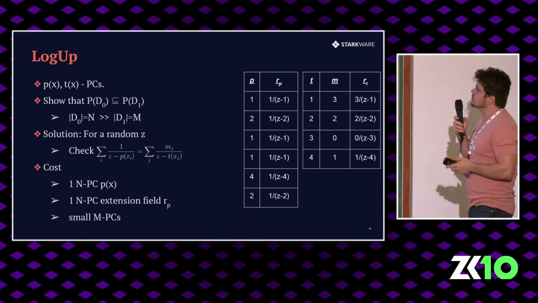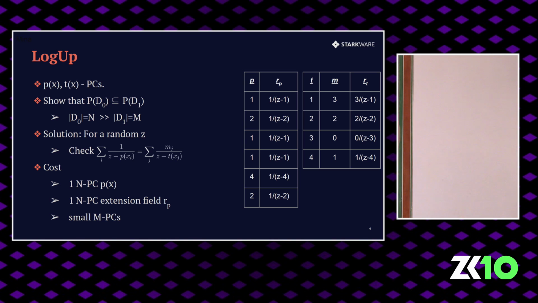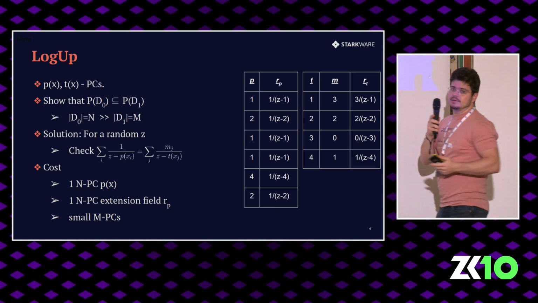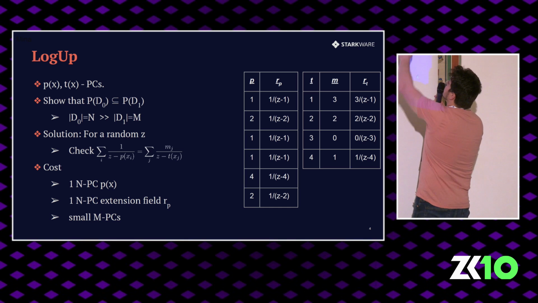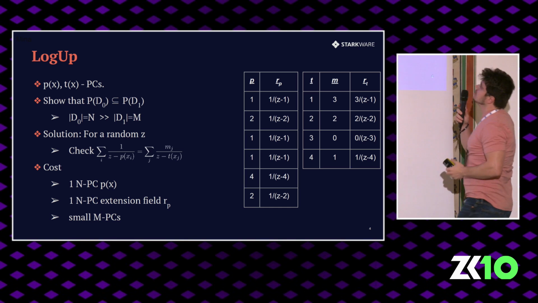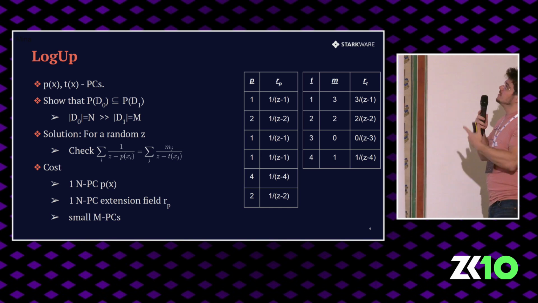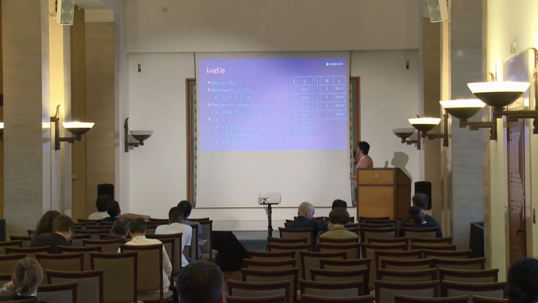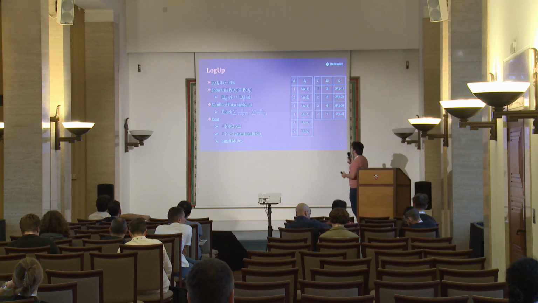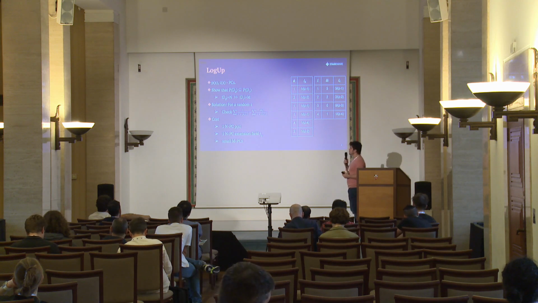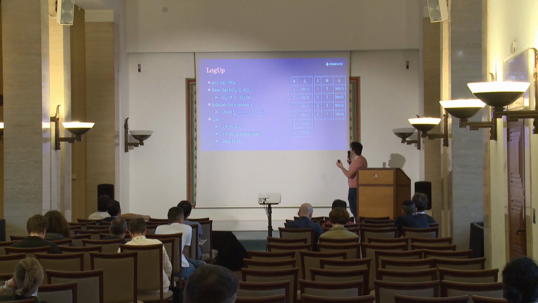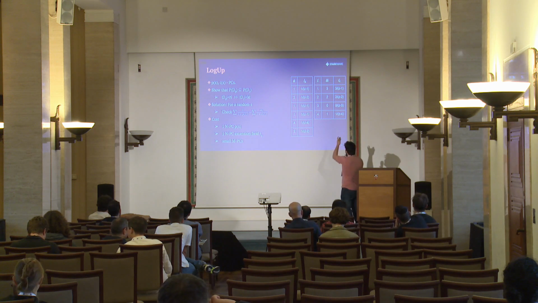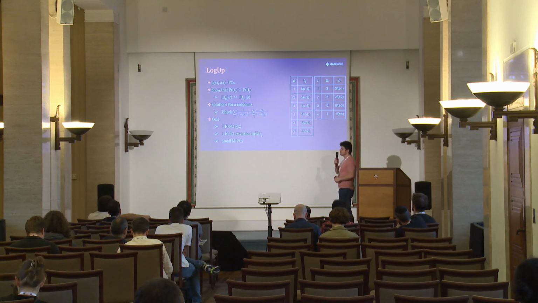So if we compute the sum of 1 over the values of P, and show it is the same as the sum of M over the value T on the right, meaning 3 times 1 over 1, and 2 times 1 over 2, etc., then it should show that these are the same values as permutation, or that every value on the left actually appears in the table on the right. And we shift the values so the prover can't cheat.